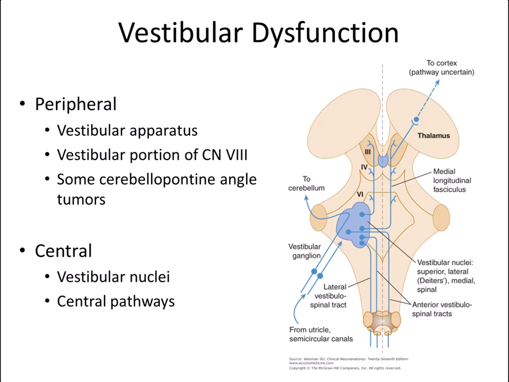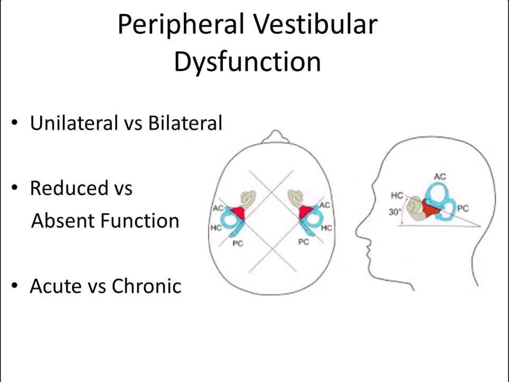If the dysfunction is central in nature, then this involves vestibular nuclei as well as central pathways. Peripheral vestibular dysfunction can be classified as unilateral, or it also might be bilateral. The patient might present with reduced or hypofunction or absent function, and the dysfunction may be in the acute or chronic stage.